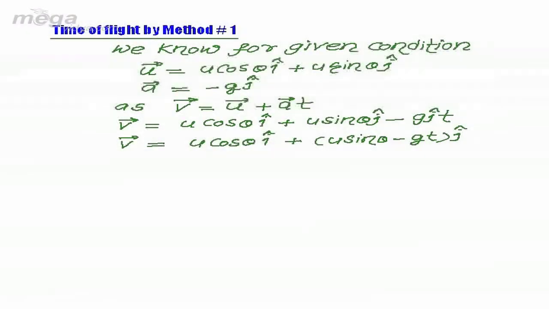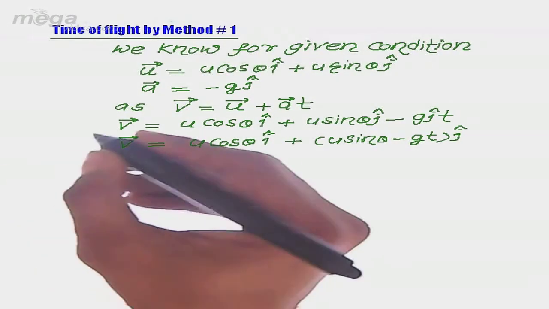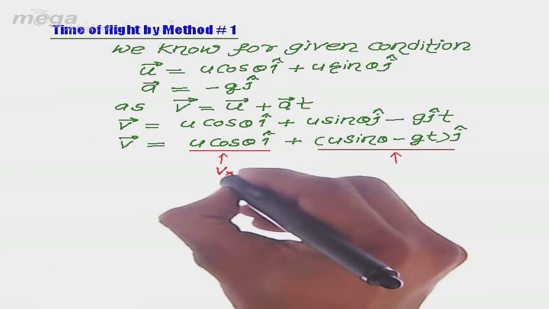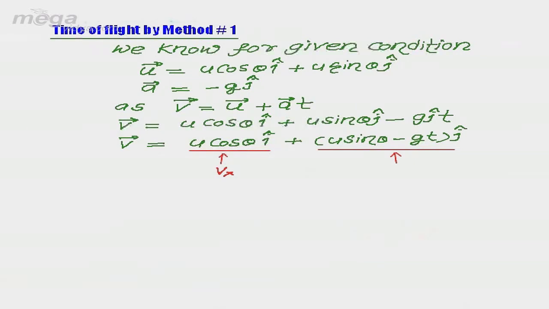We can simplify it using a particular point, which can be explained as: the x component of instantaneous velocity of the particle is u cos theta, which is time independent, meaning during the complete motion its horizontal velocity remains the same.